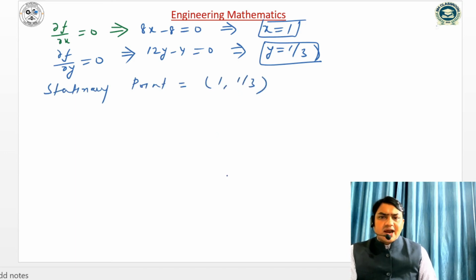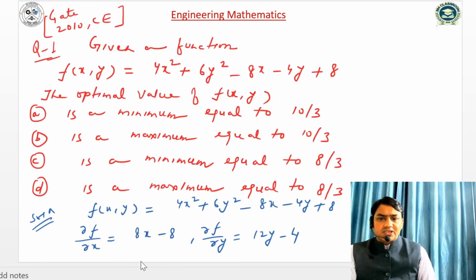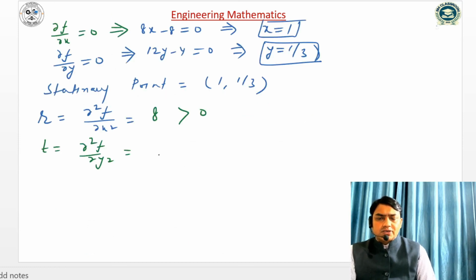Now we have to check RT minus S square. R is del 2f by del x square, which is 8, greater than 0. Similarly, T is del 2f by del y square, which is 12.